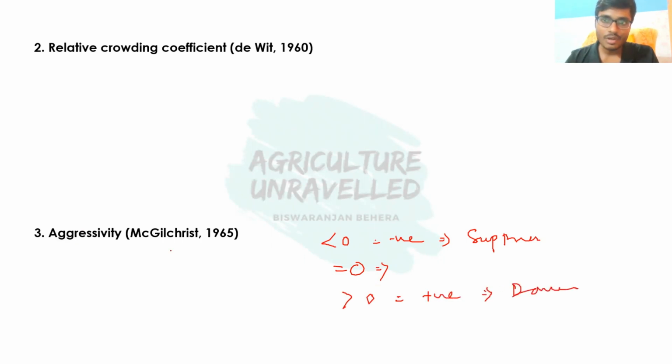So in our example for chickpea, the aggressivity was negative. It means that the crop is suppressed by the mustard crop. And if it is positive, then the crop is dominant. I hope the concept of aggressivity is clear now.